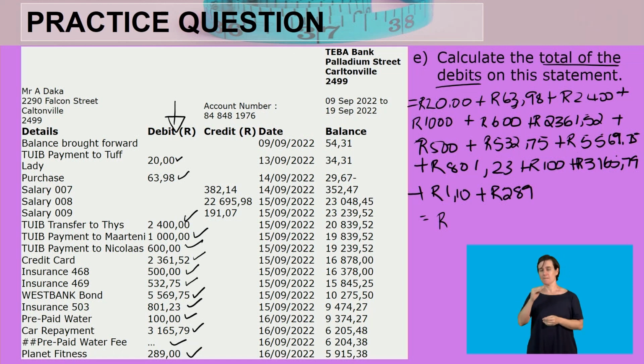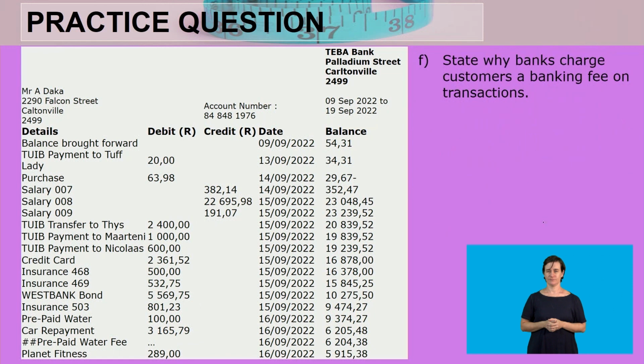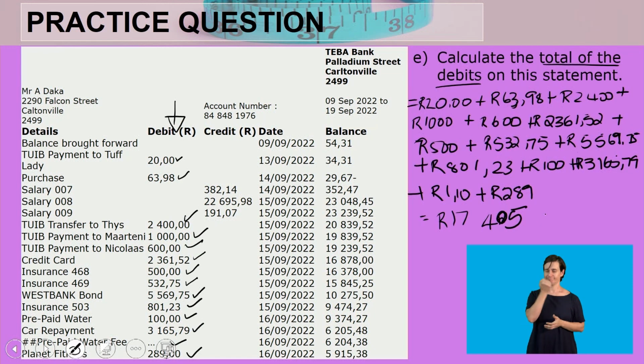So when you add all those values together, you are going to have a debit amount of 17,405 rand 12 cents.